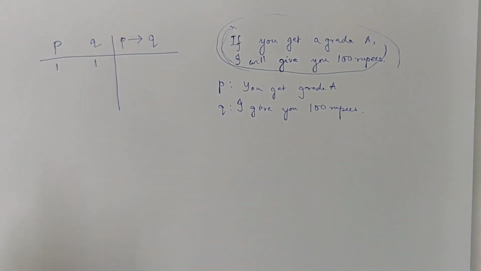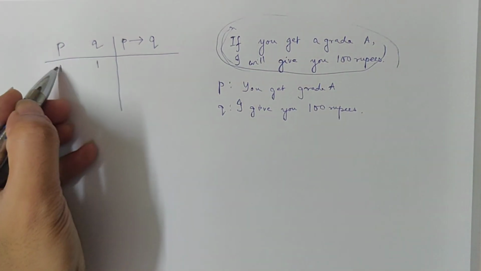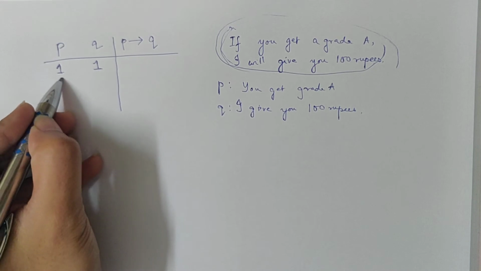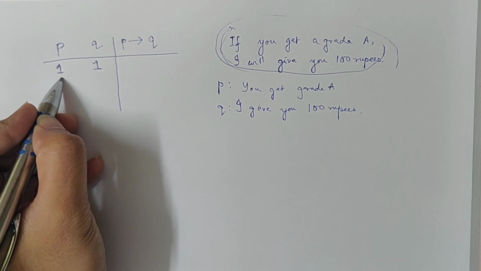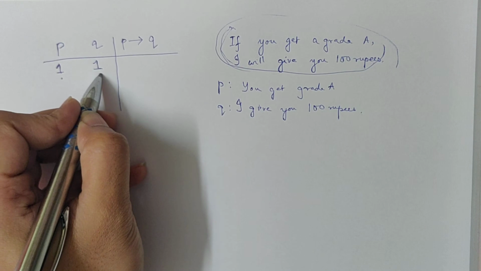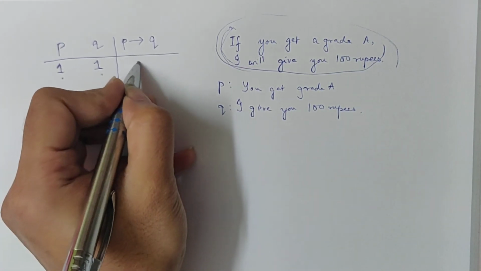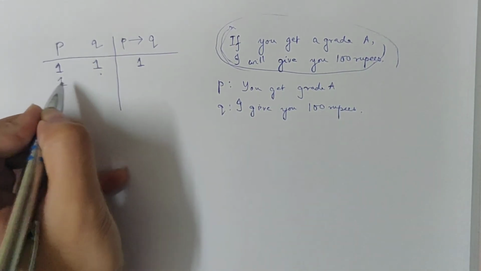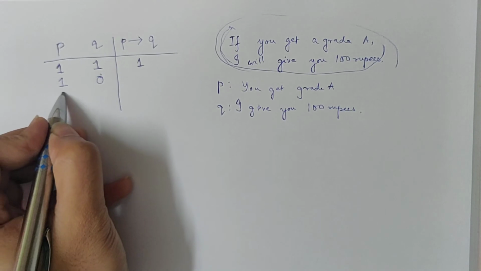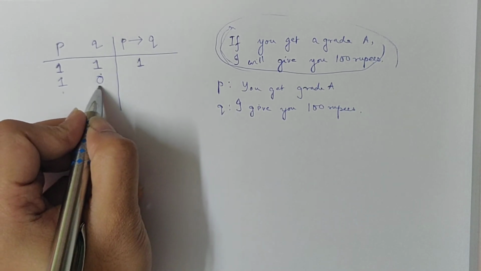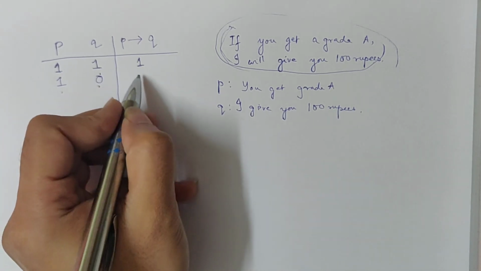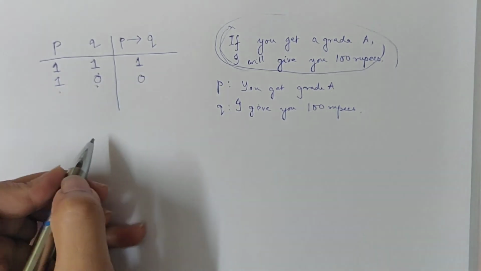So you actually got a grade A, and I also gave you 100 rupees, so I kept my promise, so the statement will be true. You got a grade A, but I did not give you 100 rupees, so I did not keep my promise, so the statement will be false.